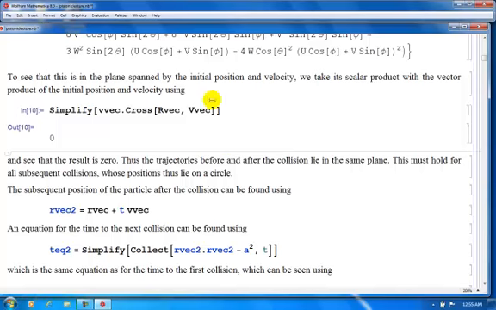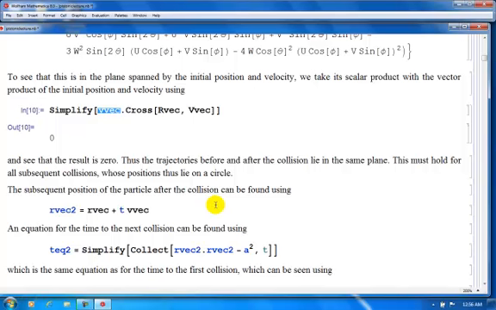It's 0, and that means that the new velocity is perpendicular to a vector perpendicular to the original plane of motion, so therefore the new velocity is also in the same plane. So this means that the trajectories before and after collision lie in the same plane. And this must hold for all subsequent collisions, whose positions thus lie on a circle.